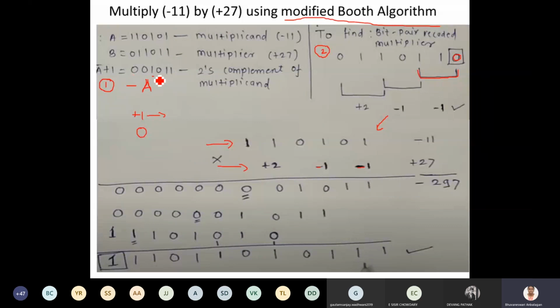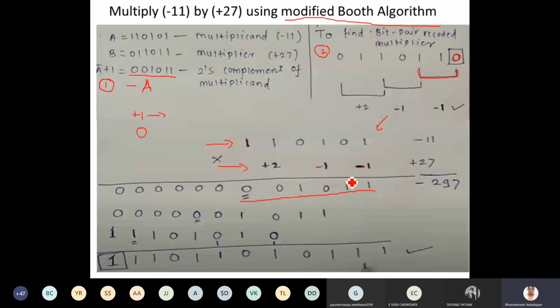What is the 2's complement of the multiplicand? It is 0, 0, 1, 0, 1, 1. So you have to write that down if you are multiplying with minus 1. And then the remaining set of bits are going to be the sign bit of the multiplicand. Here 0, 0, 0, 0 will come.